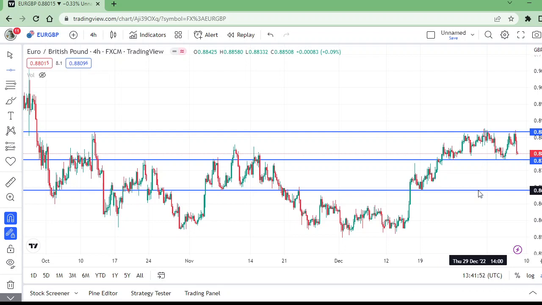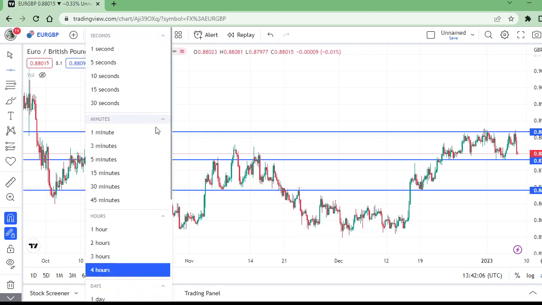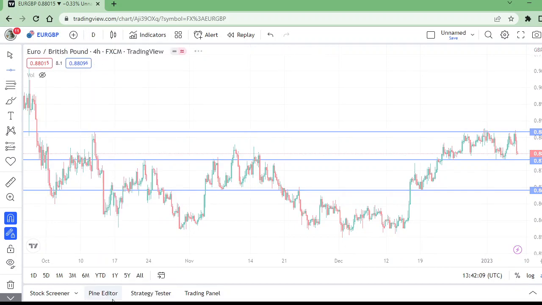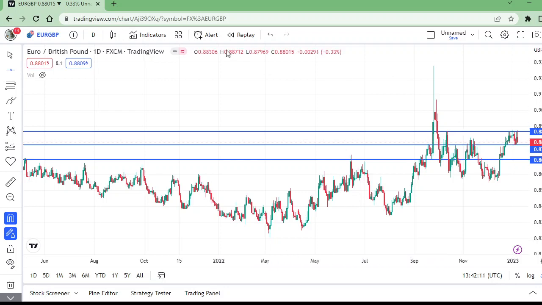How will it be able to keep this upward move? No doubt that this is upward, but now let me, okay, we are moving to the daily time frame to watch the entry and take profits.